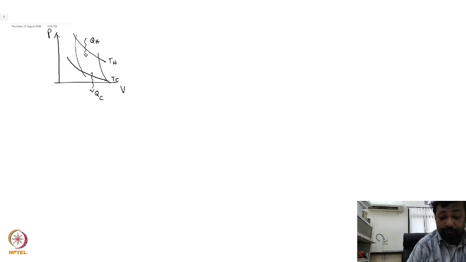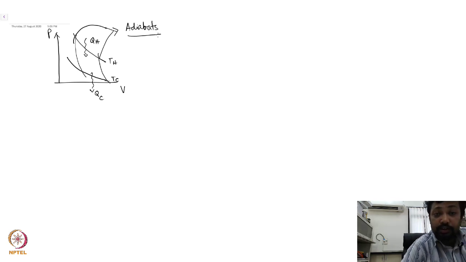So if I want to look at the PV diagram, then I have the isotherms and I have the adiabats, right? The isotherms are where the heat is taken, this is TH, and this is TC, and the second one is where the heat is dumped, the isotherm corresponding to TC.